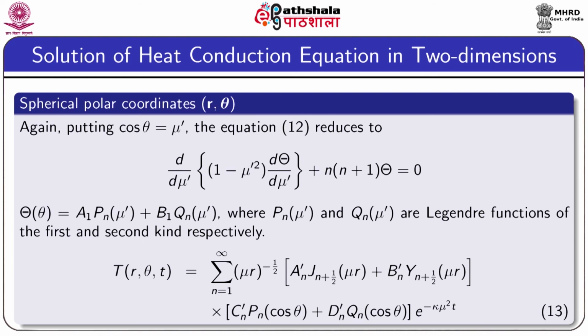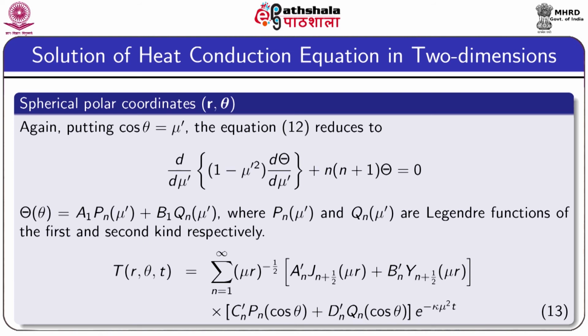So Θ can be written as a linear combination of two Legendre functions of first kind and second kind. Θ equals A1 P_n(μ') plus B1 Q_n(μ'), where P_n and Q_n are Legendre functions of first and second kind respectively.